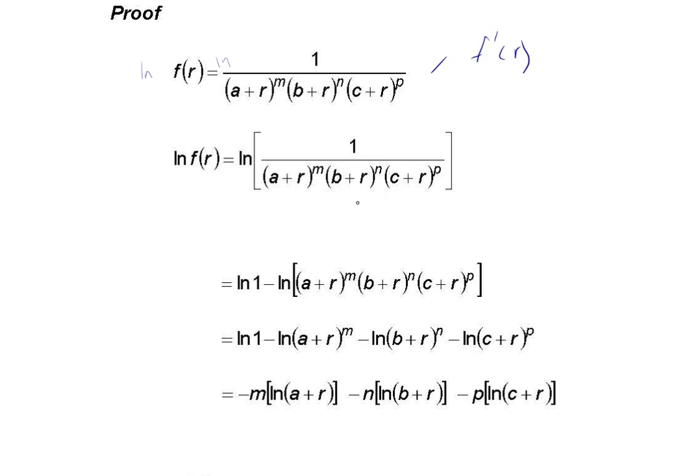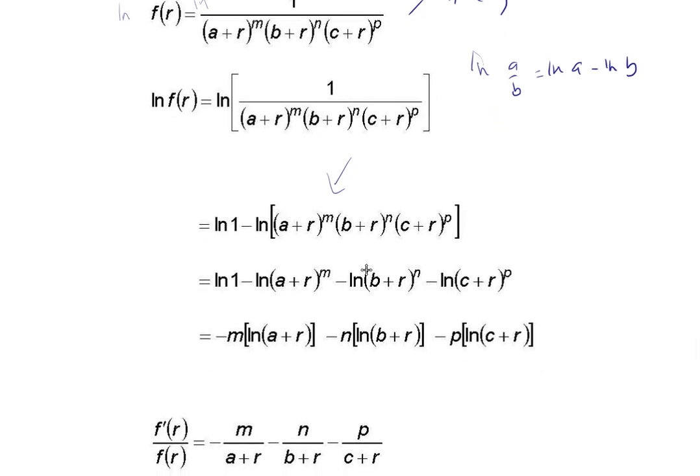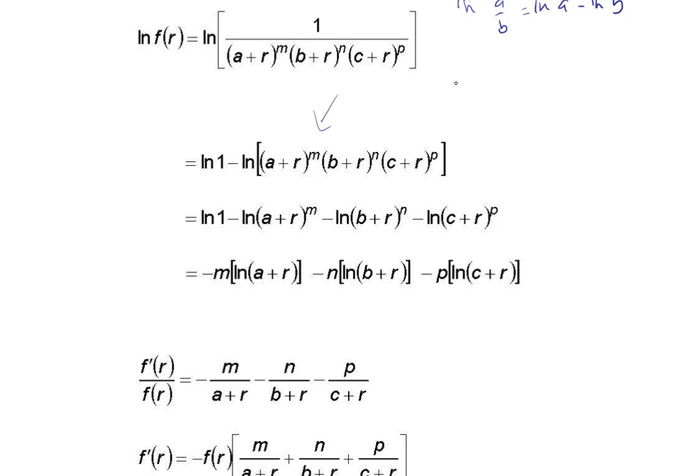Again, by using the properties of log, log a over b is log a minus log b. So this is what we get: log 1 minus log of this. Again, from the properties, log of a times b gives log a plus log b. So we apply it here.